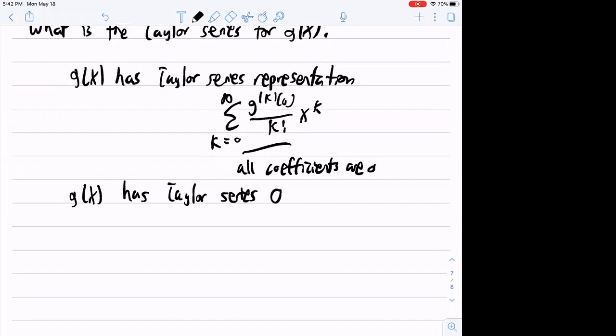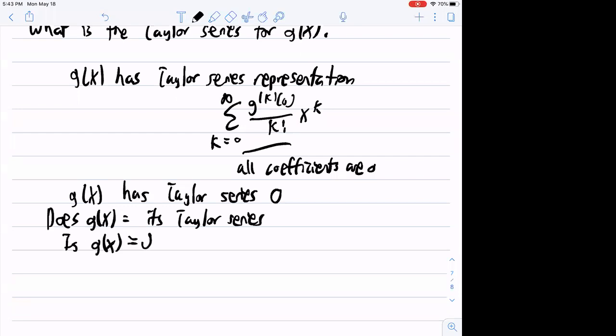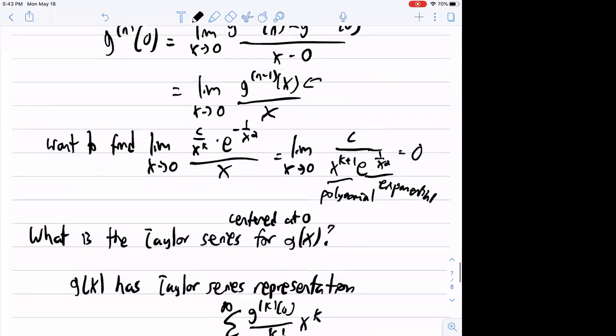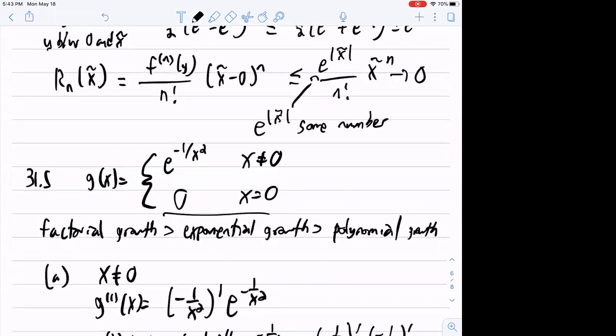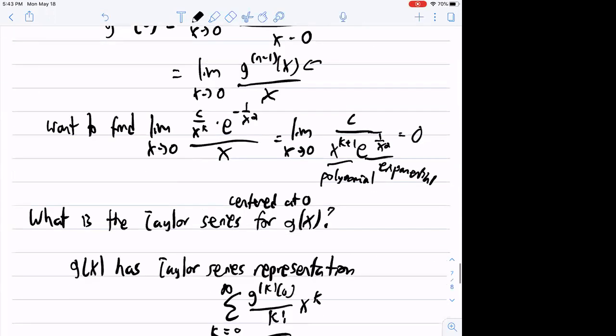So in this case, does g of x equal its Taylor series? Is g of x 0 for all x? You can see that it's only equal to its Taylor series at 0, because when x is not 0, you get e to the negative 1 over x squared.